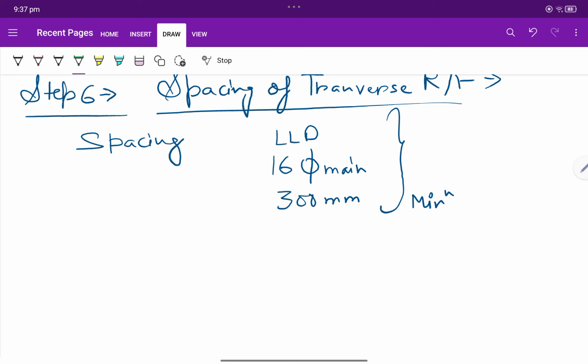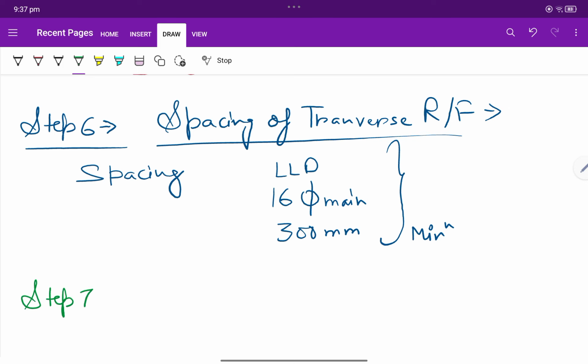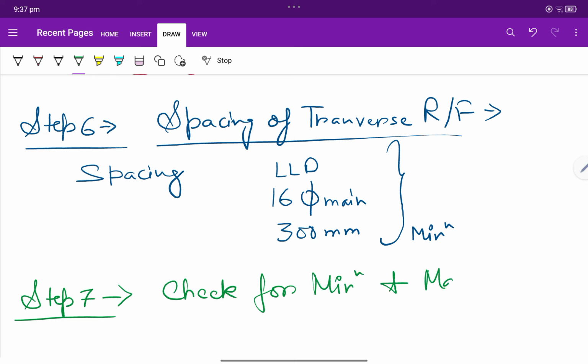One step is left, that is, we have to check for the minimum and the maximum reinforcement of the main bar. So step 7 is to check for minimum and maximum reinforcement.